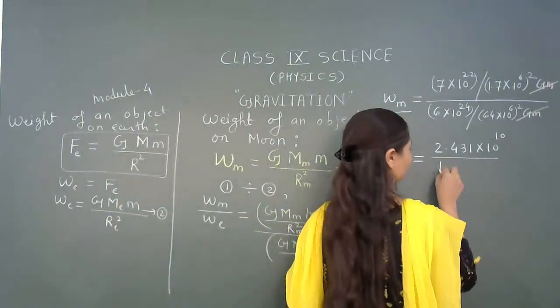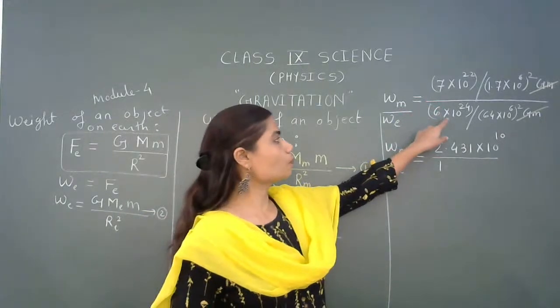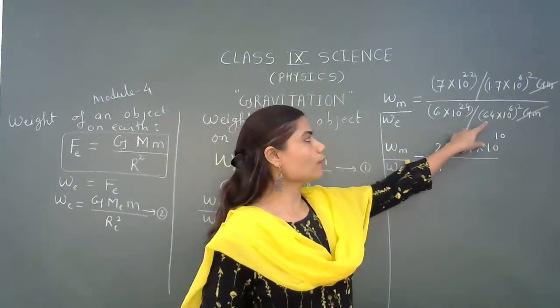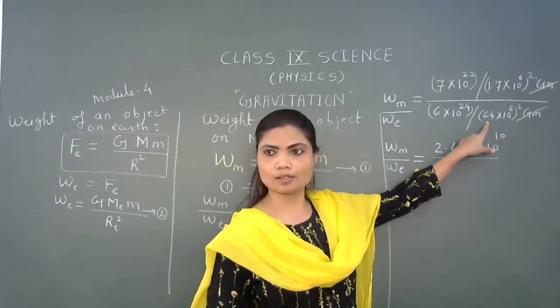Divided by the term 6 into 10 to the power 24 divided by 6.4 into 10 to the power 6 whole square.